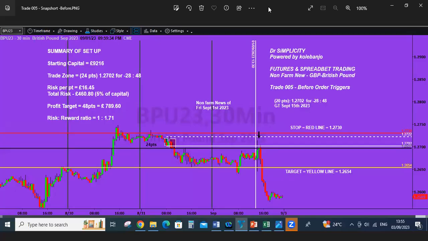Great. So this is the setup for our trade of Friday, September 1st, 2023, the non-farm news. We had a setup to sell at the white line. The market closed here on that Friday, and we're hoping that the market will track up to the white line and fill our order, which is here, and hopefully drop down to profit to the yellow line.